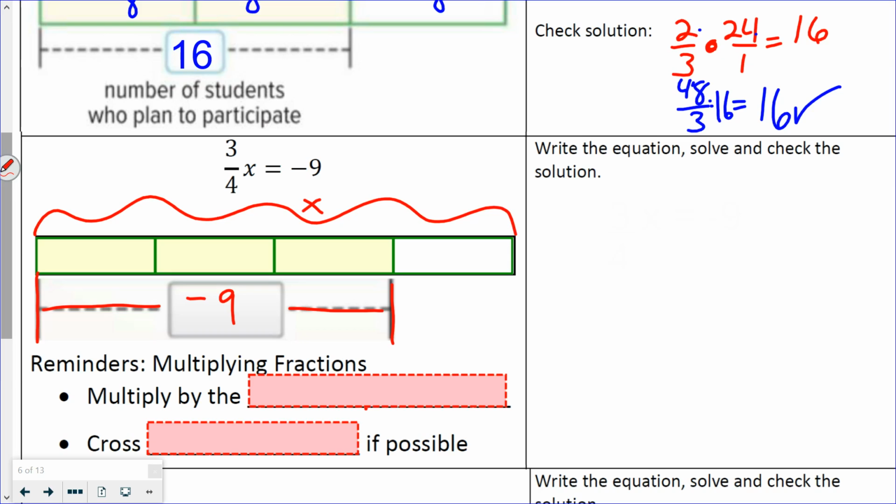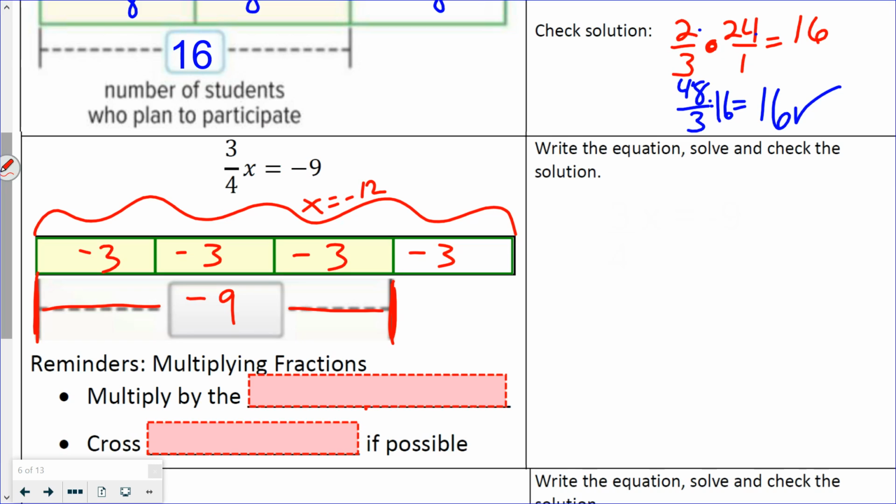That is our x. I don't know what that is. Theoretically, though, if I had to take -9 and split it into thirds, each one of these would be -3, which means then x would equal -12. Okay, that's the modeling way.